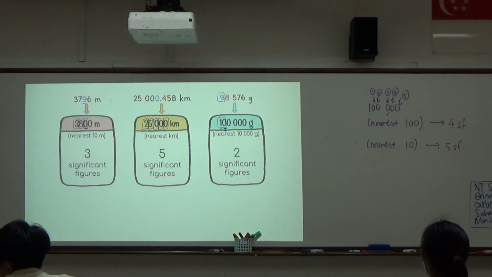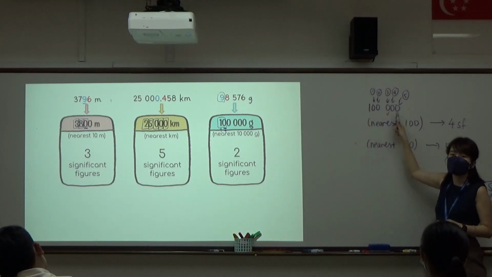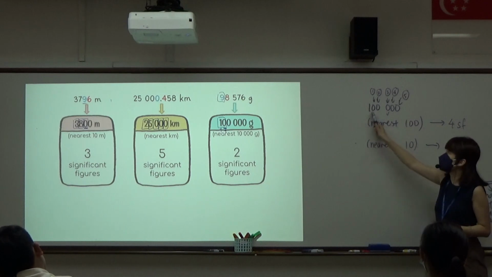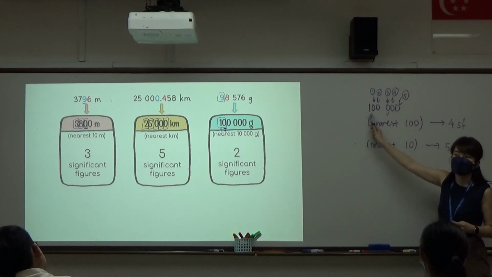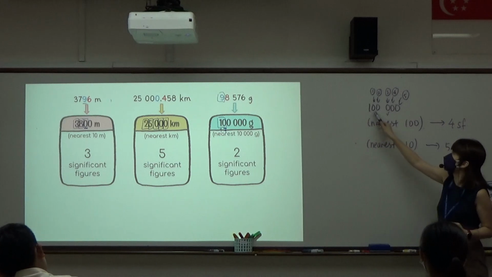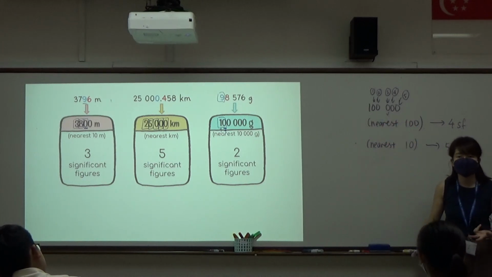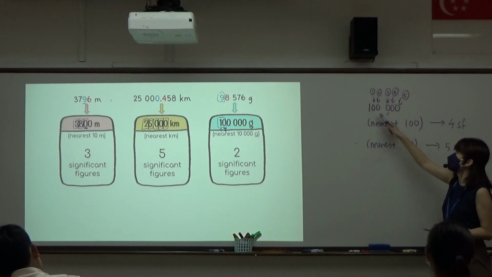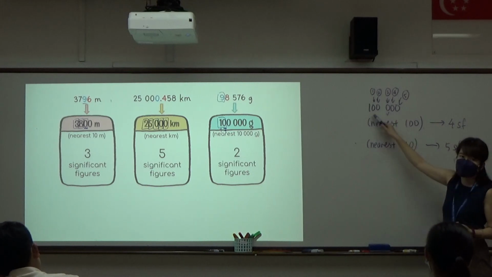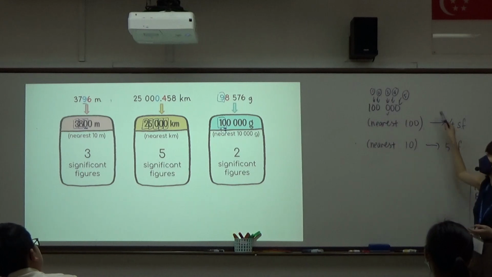You understand now? Okay? So this means that for the number 100,000, I must surely count the 1 because it is not a zero. But for the remaining zeros, it depends on what the question says. So the inclusion of the zeros really depends on what the question says for us to decide.